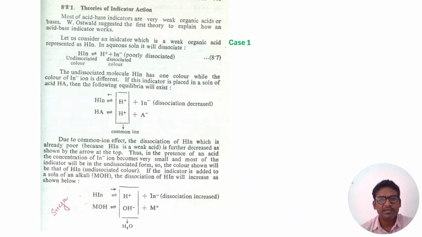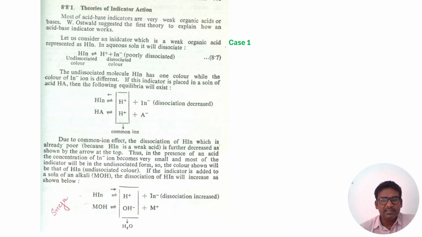The undissociated molecule of the weak organic acid indicator has one color while the color of In- is different, as I said. If this indicator is placed in a solution of acid for the sake of titration, then the following equilibria will exist. That is, the undissociated weak organic acid will dissociate to give H+ ion plus In- ion.